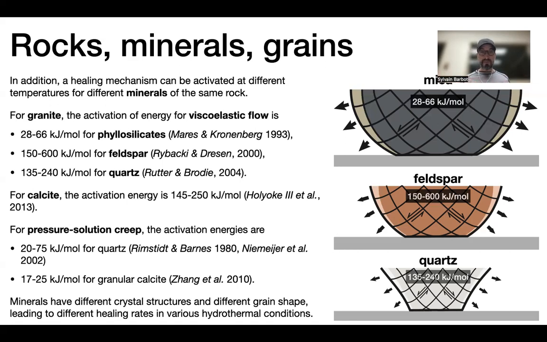Pressure solution creep is between 20 and 65 kilojoules per mole for quartz, and between 17 and 25 for granular calcite. So we can think of a range of different deformation mechanisms and a range of different minerals, and that gives us various different activation energies for these different processes. We want to capture this to understand how the friction evolves with temperature.